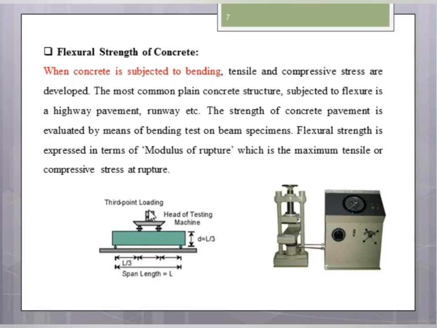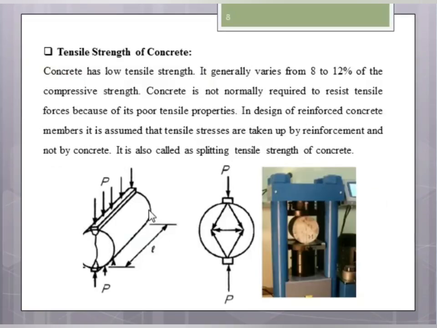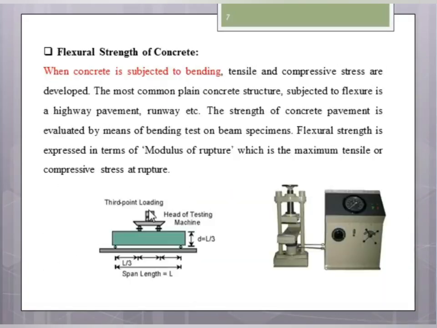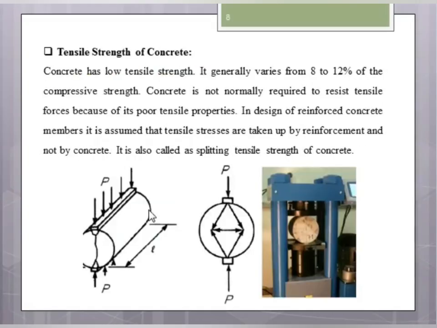After 28 days, you take that concrete beam and place it in the compression testing machine for the flexure test. From calculating the load, you will get the flexure strength of concrete. Clear? So this is nothing but your compression test, flexure test, and tensile test.